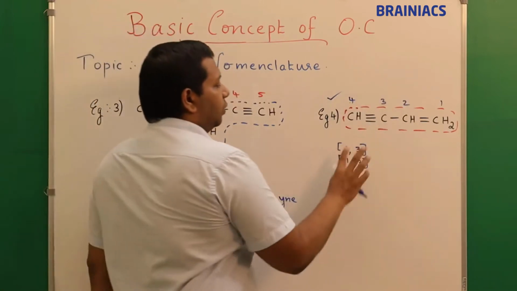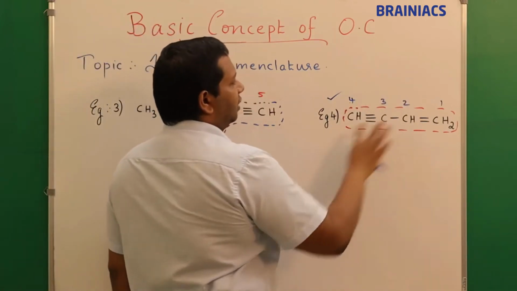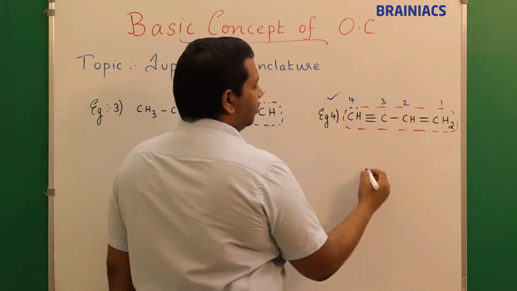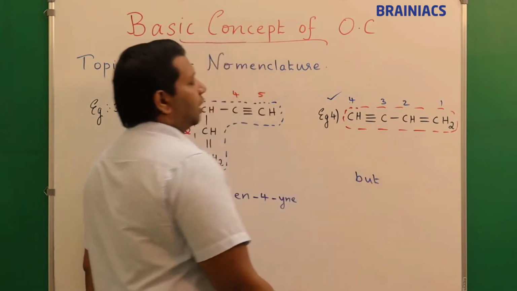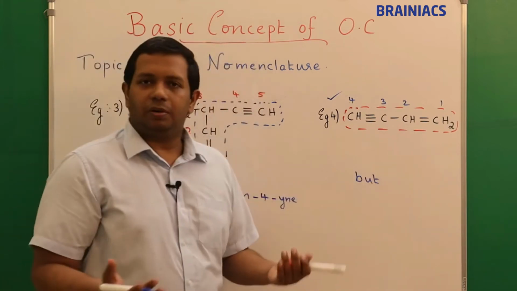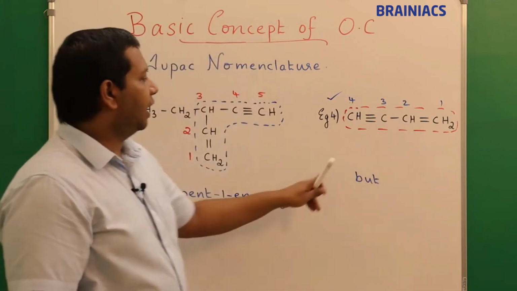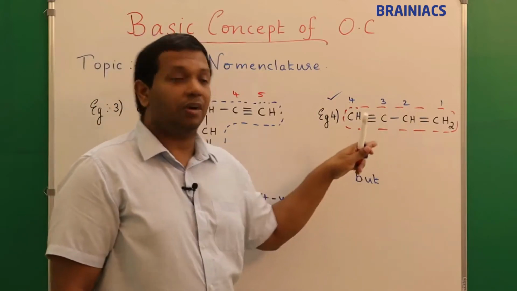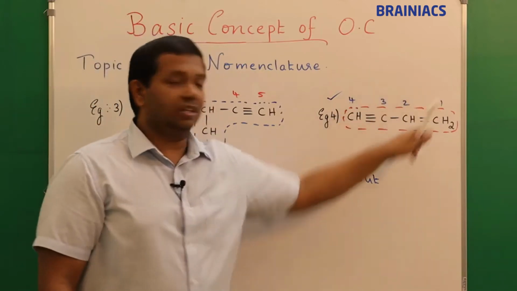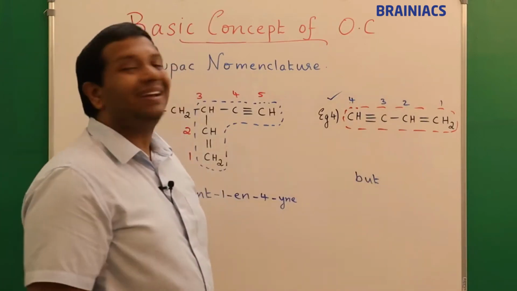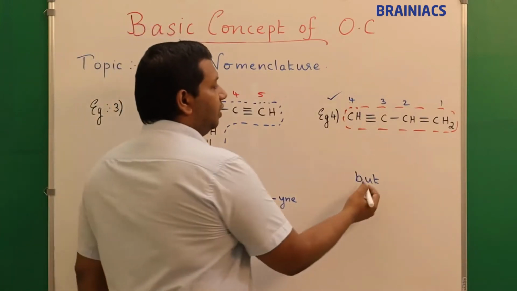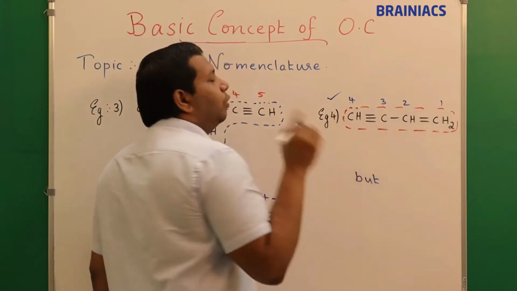Understood? Now what you need to do? The next thing is naming. So word root, 4 carbon atoms are there, so I will use the term but. Correct? And the 1 degree prefix will not come since it is not a cyclo compound, and the 2 degree prefix also will not come. Why? Because there is no substituent outside the parent carbon chain. What is there next? You have the 1 degree suffix. 1 degree suffix means you have double bond and triple bond, ene and yne.